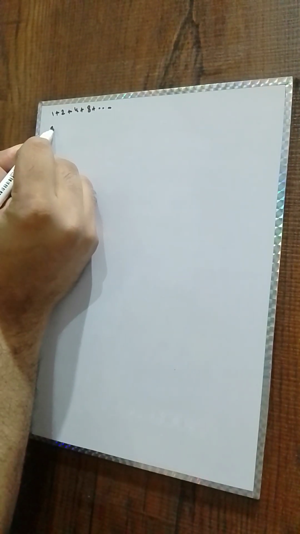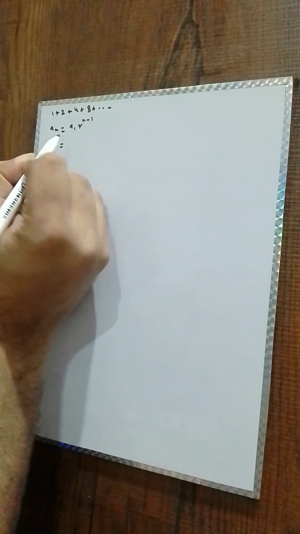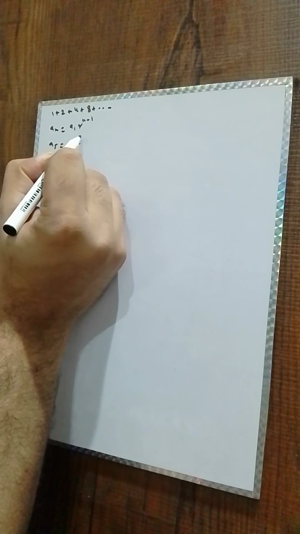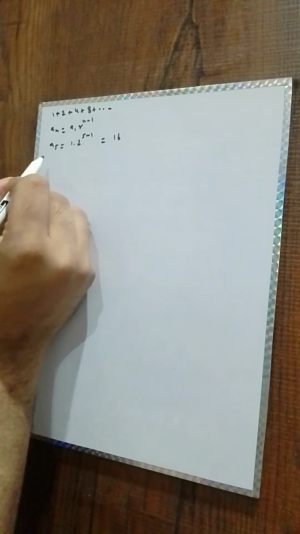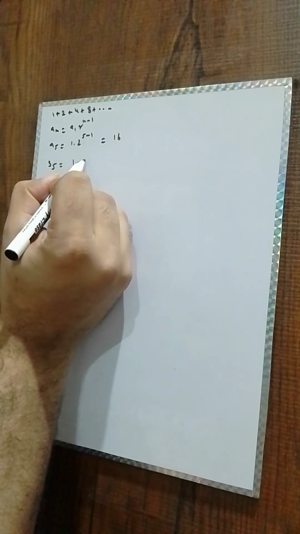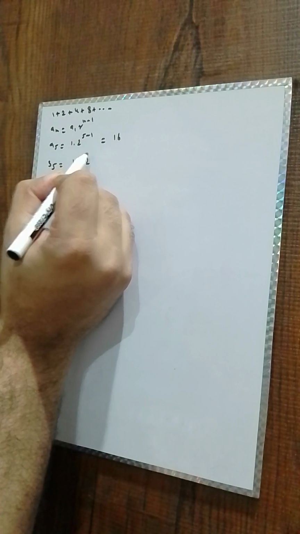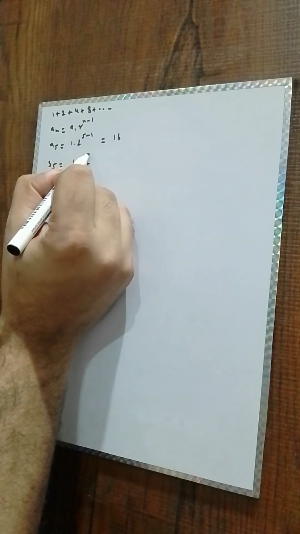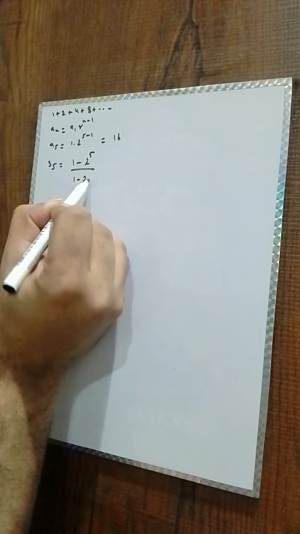So an is a1 r to the power n minus 1, so a5 we spotted to be 1 dot 2 to the power 5 minus 1, which is 16, and the sum S5 is 1 minus r to the power n, which is 5 in this case, divided by 1 minus r.